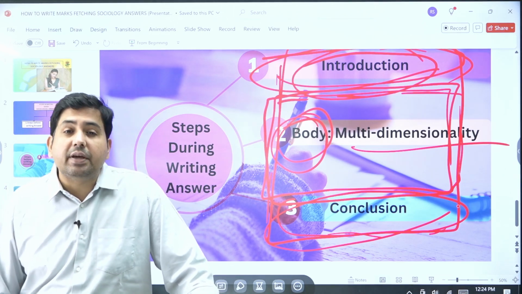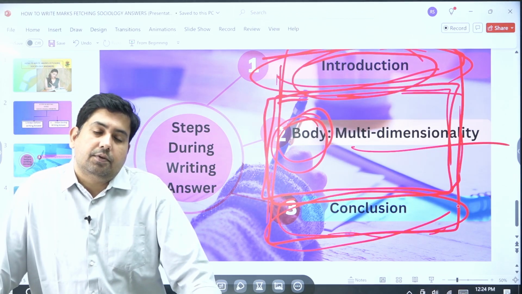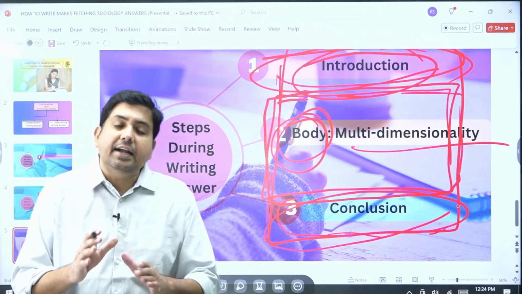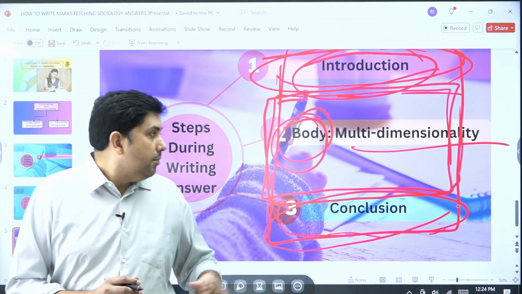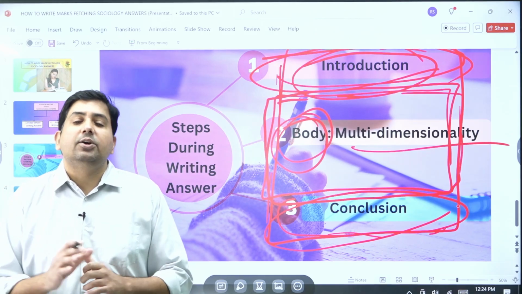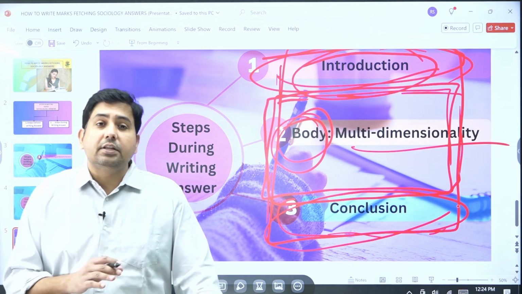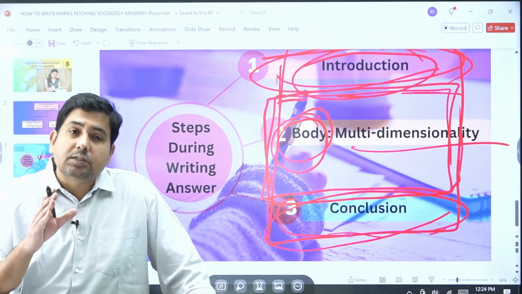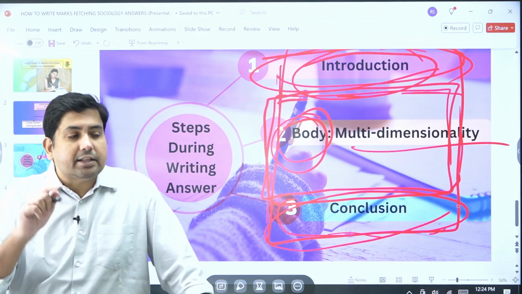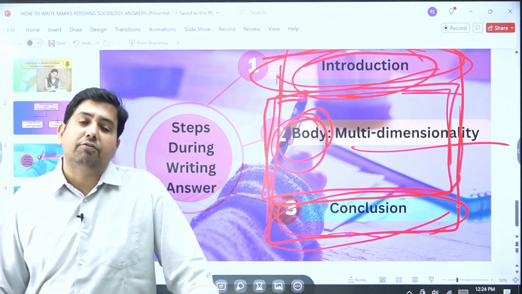And here you will mention various data, various thinkers. So it is said that your body should be content rich with multidimensionality. What is the meaning of multidimensionality here? Here it means that you will try to explore all possible dimensions demanded by that question, based on the demand of the question.